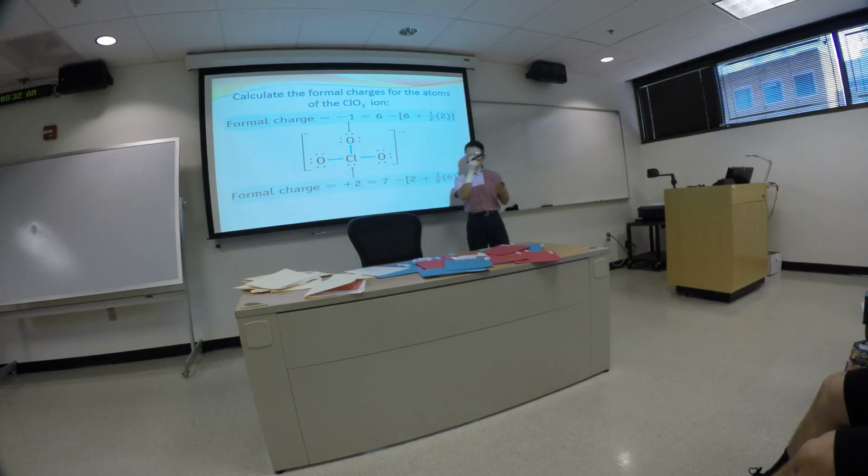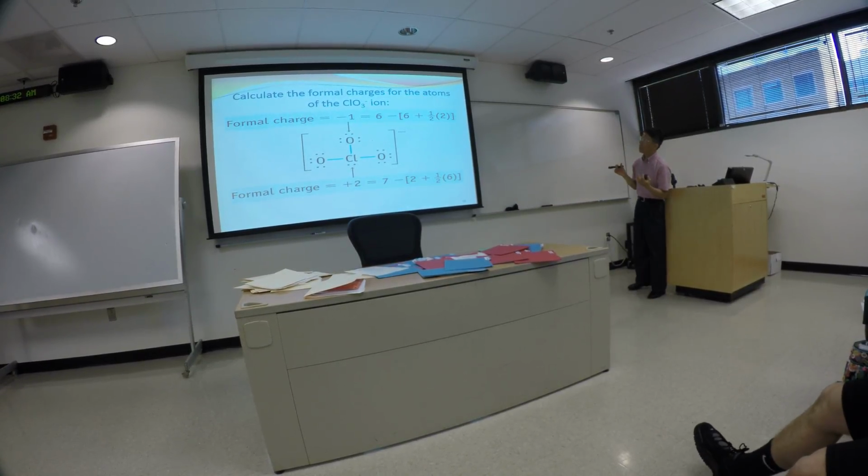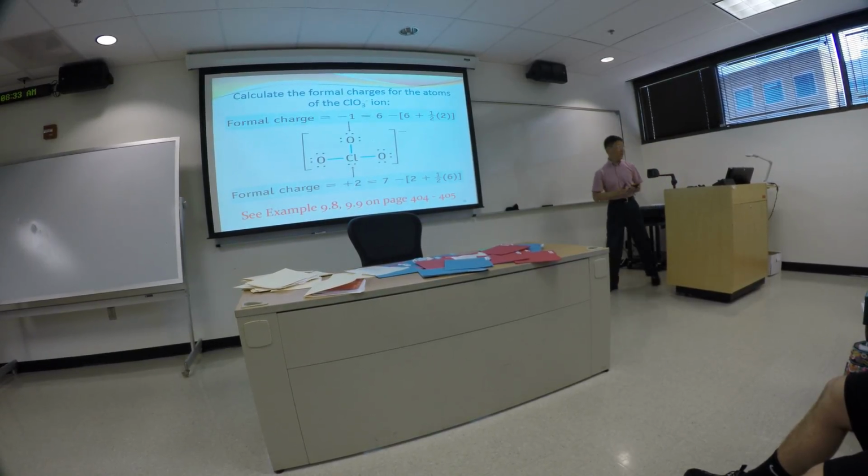So the sum of the formal charges, in this particular case, does equal the net charge carried by the chlorate ion. This is how we use the equation to calculate the formal charge for each of the atoms in the molecule or polyatomic ion. There are more examples in chapter 9 on pages 404 and 405.